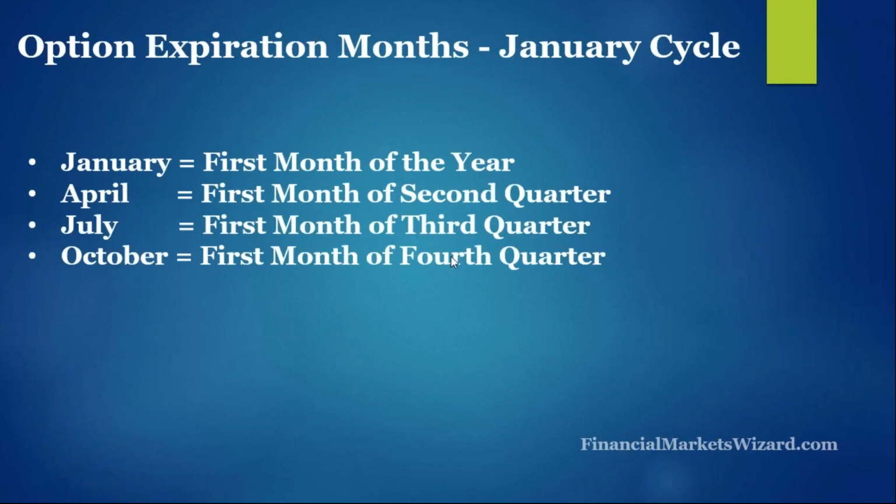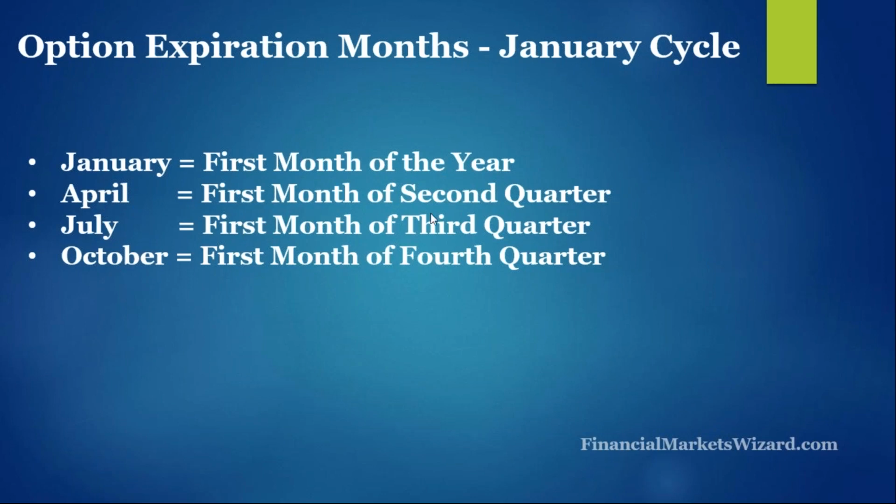So when we say January cycle, what do we mean by that? January cycle means the first month of the year is January, so it will be assigned a January option. That's the first thing. Then we take the first month of each quarter and assign the option month to this stock.